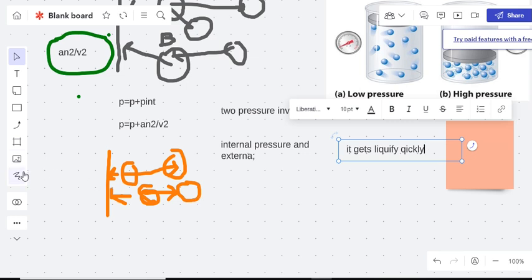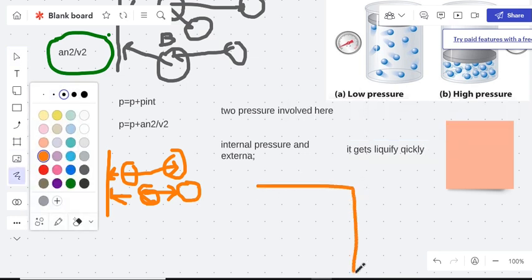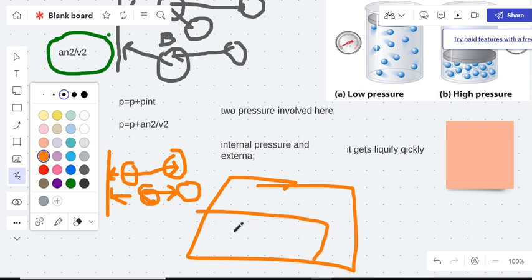Just because when the pressure is high, for example, this is a container, molecules are closer to each other, being rigid spheres. Until a point, they have definite volume between them, due to which repulsion force becomes dominant with z factor greater than 1, due to which at high pressure and low temperature it liquefies.